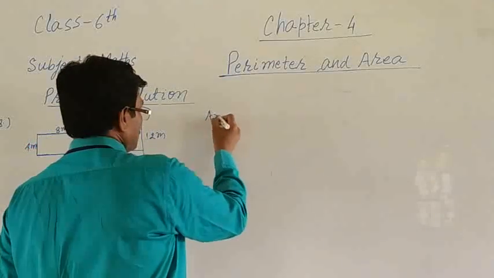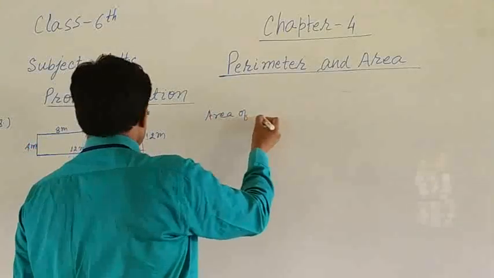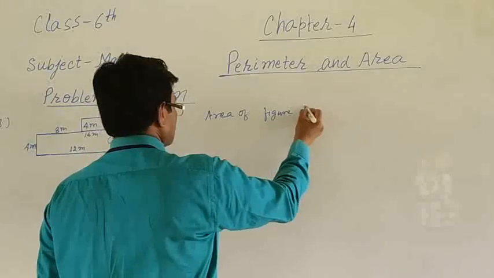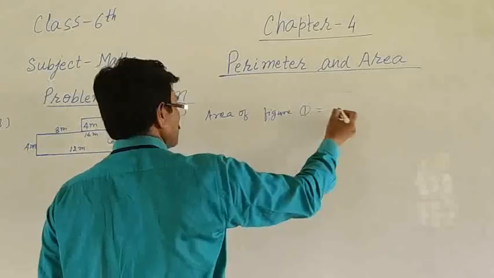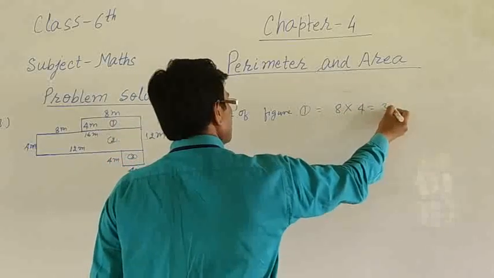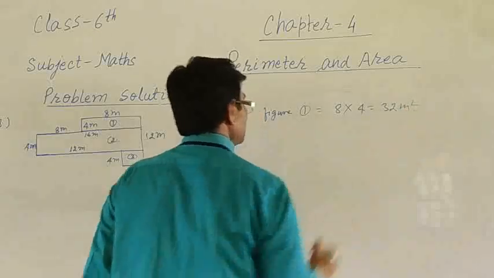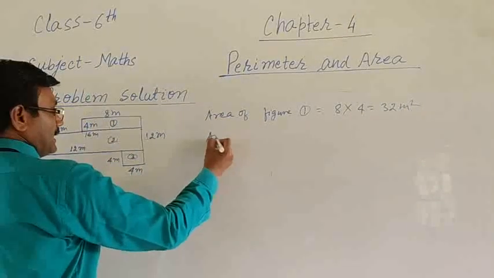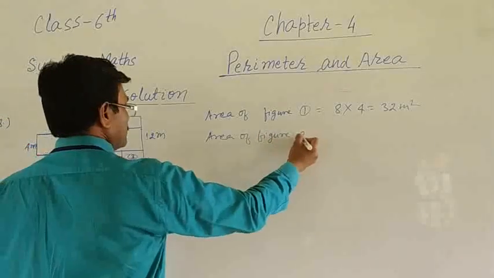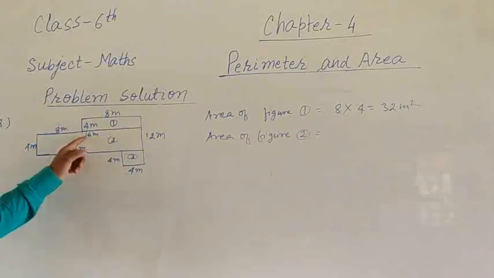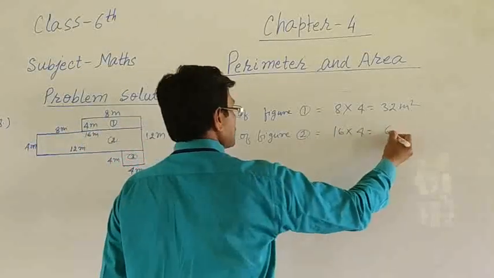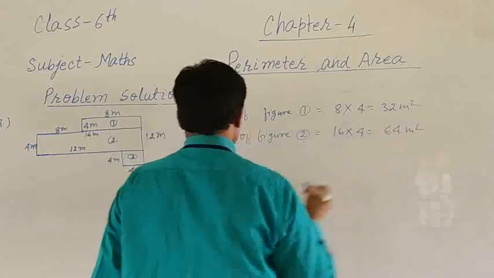Then find area of figure 1 is equal to length into breadth, means 8 into 4 is equal to 32 meter square. Again, area of figure 2, length is 16 and breadth is 4, is 64 meter square.